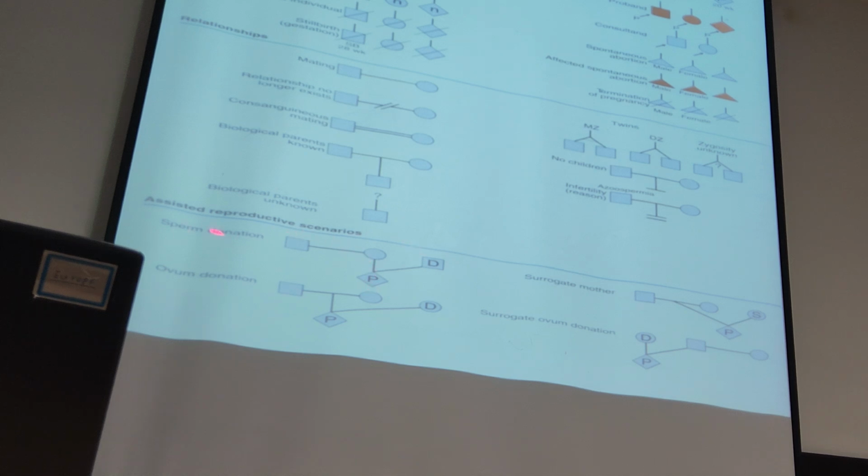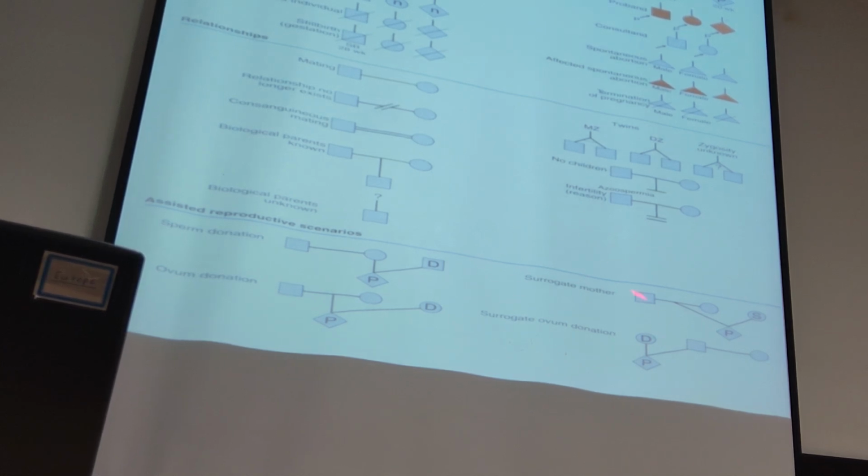If there is ovum donation, the ovum is from another female, the sperm is from this male, and the pregnancy happens based on this ovum donation. If there is a surrogate mother, the sperm is from this individual, the ovum is from this individual, but the fetus is grown in the uterus of another female, whom we call the surrogate.